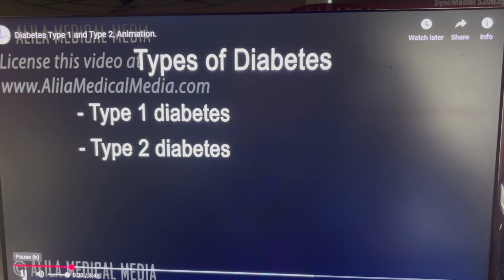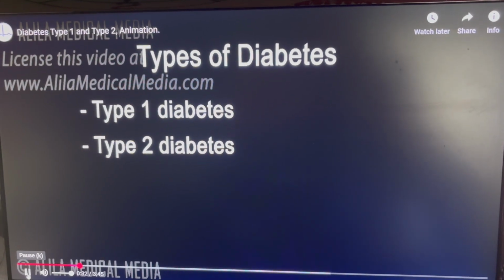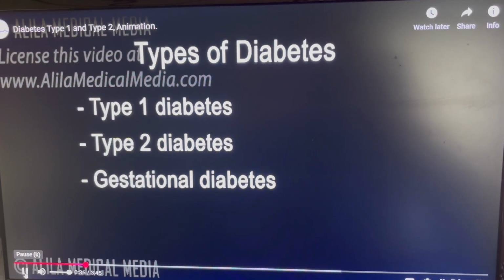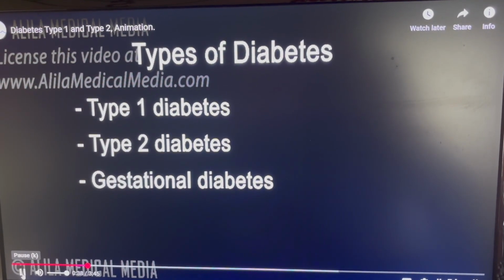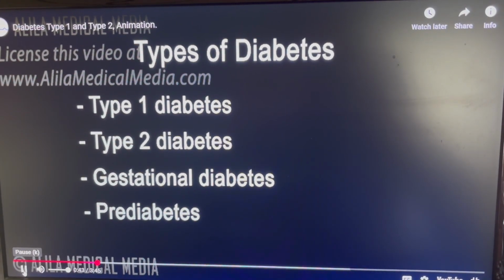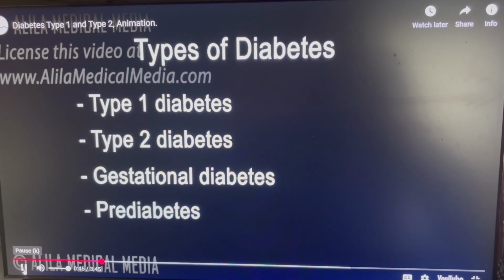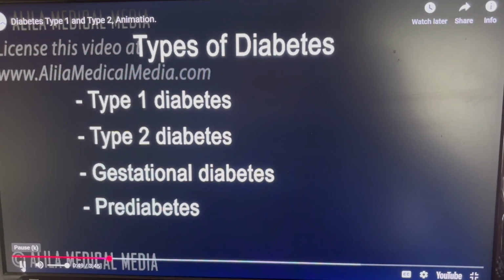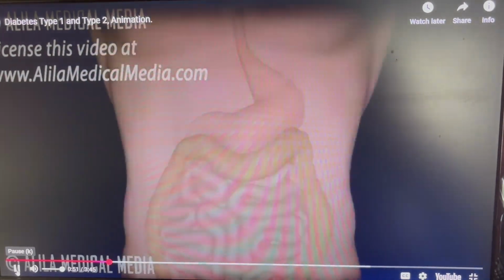Pregnant women may acquire a transient form of the disease called gestational diabetes, which usually resolves after the birth of the baby. Pre-diabetes is when the blood sugar level is at the borderline, higher than normal, but lower than in diabetics. Pre-diabetes may or may not progress to diabetes.